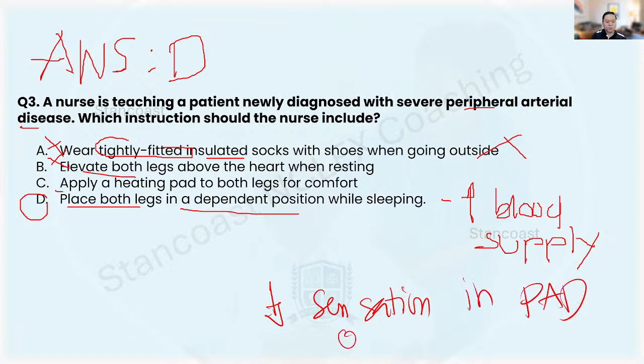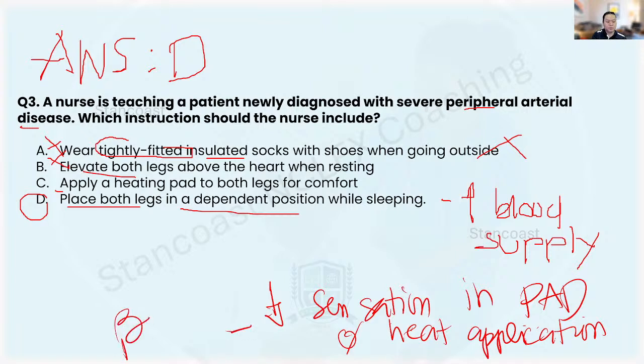So no heat application because they have altered sensation. They're going to end up with burns. We don't want to cause that, right? No application of heat packs or hot packs. All right, team. I hope that you're able to get the rationale. Let's move on to the next.